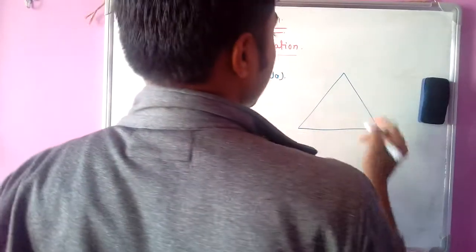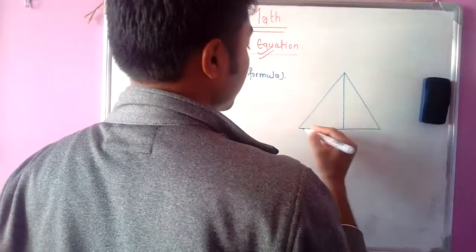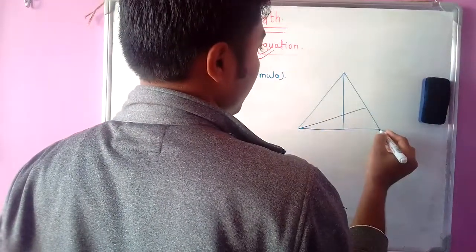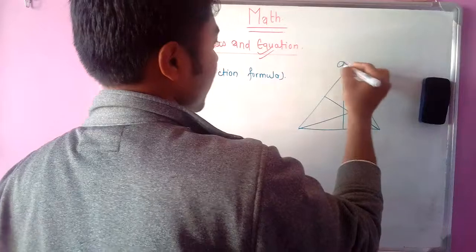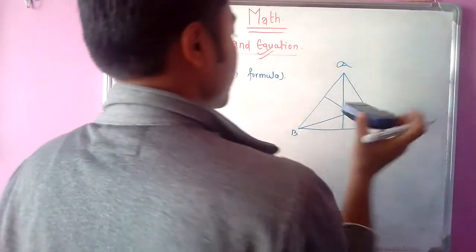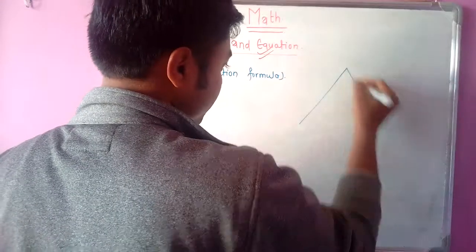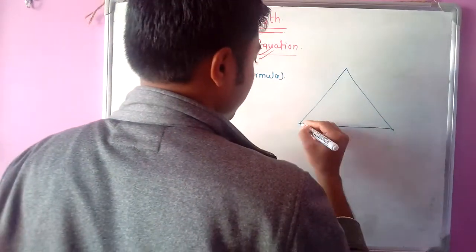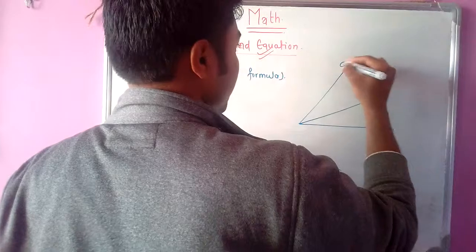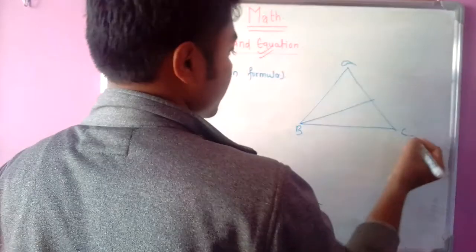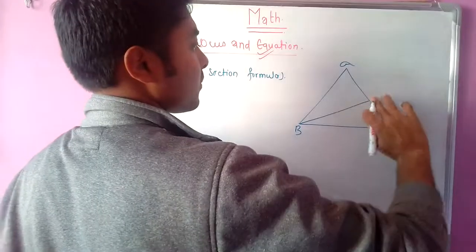Centroid is the intersecting point of the medians of the sides of the triangle. This is the median of it. For example, this is a triangle ABC, and this is the midpoint.